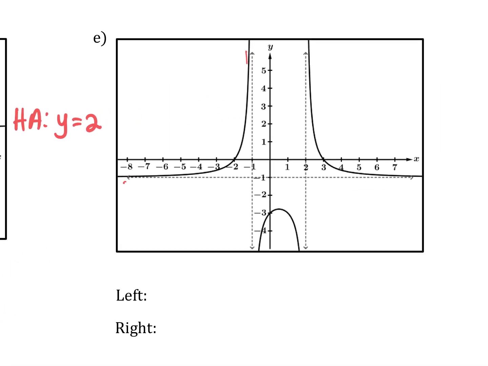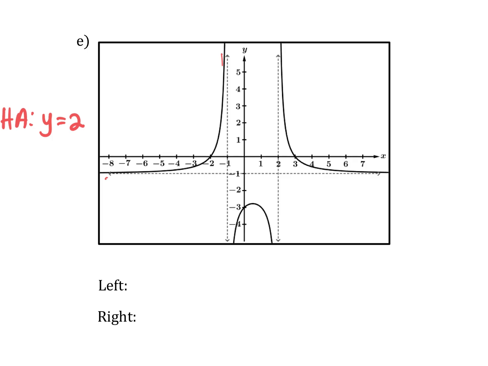Okay, next, the letter E. Now, here I would like you to be very observant because in here you can actually see two vertical asymptotes and one horizontal asymptote. What we are interested in here is the asymptote horizontally.